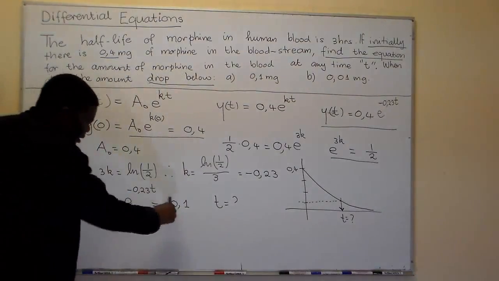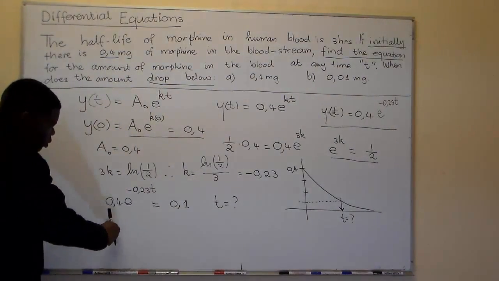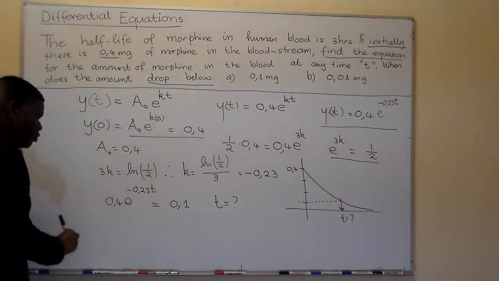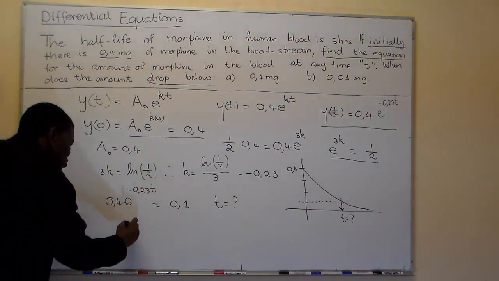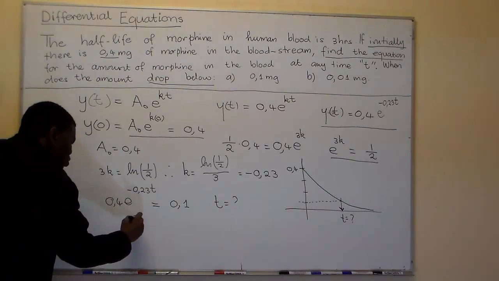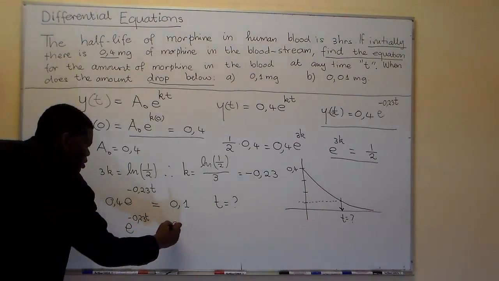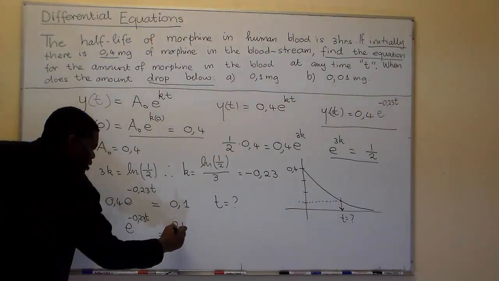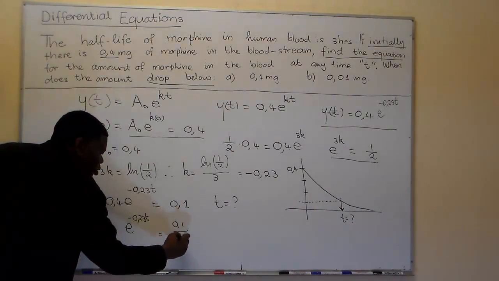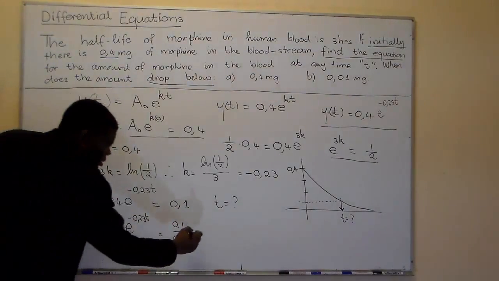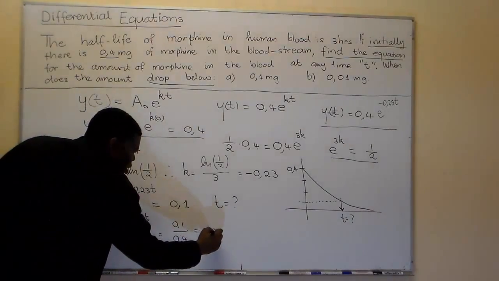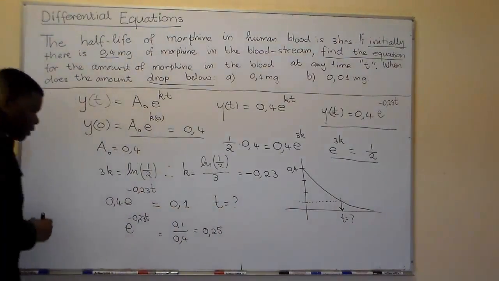So solving this analytically, what we do now, we divide both sides here by 0.4, which will give us that e to the exponent minus 0.23 t is equal to 0.1 over 0.4, which is equal to 0.25.